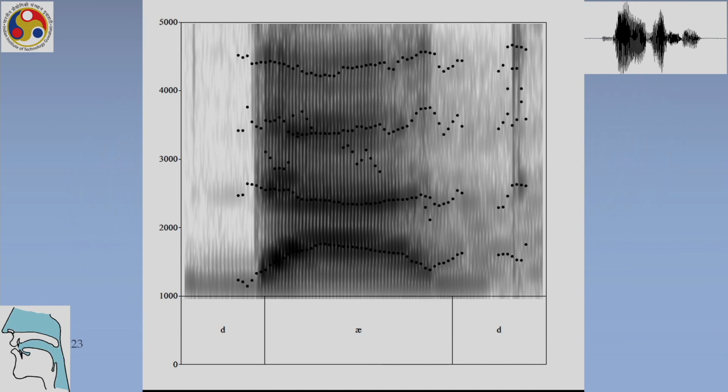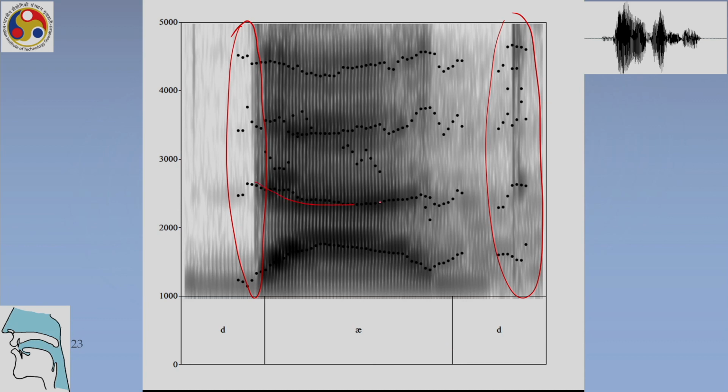So similarly, now we see this here. Here I included a bit of the release burst of the following d as well. You can see the release burst spectrum of the d, and we also see how these are different.